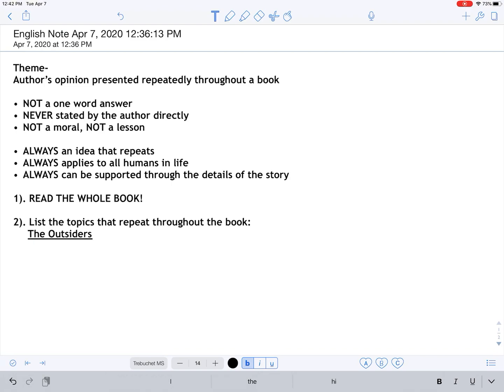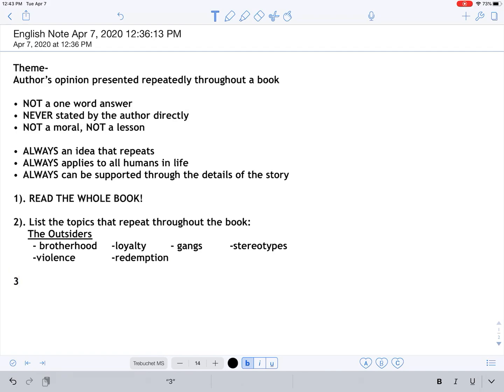And the topics or ideas that repeat throughout that book that your classmates came up with included brotherhood, loyalty, gangs, stereotypes, violence, redemption. So those were just some of the ideas, those topics that your classmates said repeated throughout the book.